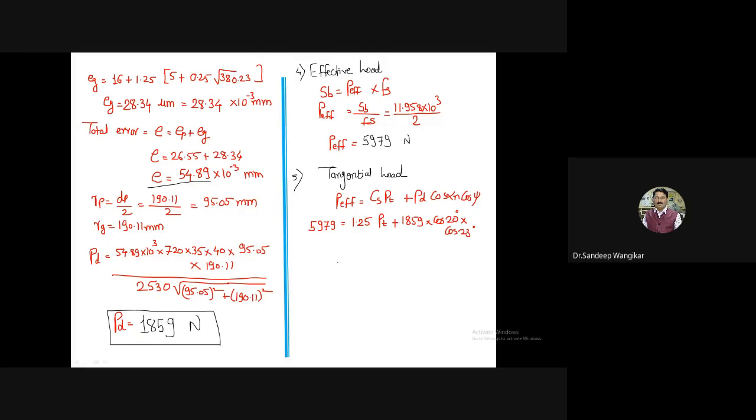So let me know, all things are known. It will give you the value of PT in Newton. The tangential load you will get in Newton. Calculate the tangential load.